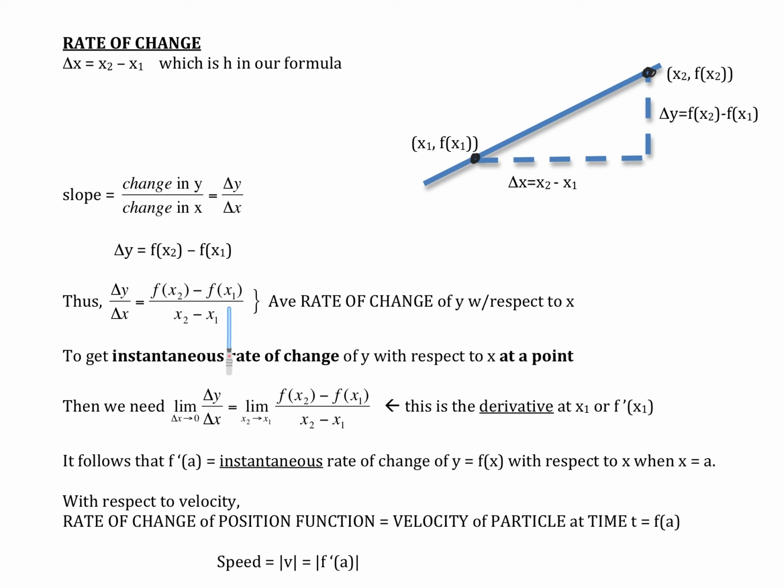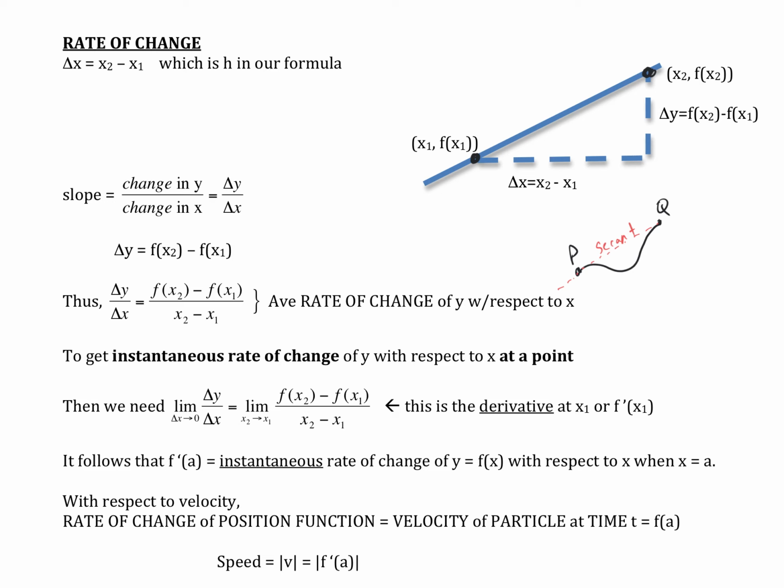So if I find just the slope from P to Q, no matter how I do this, I find from P to whatever Q is and however it's connected in between, this is a secant line, okay? That's a secant.